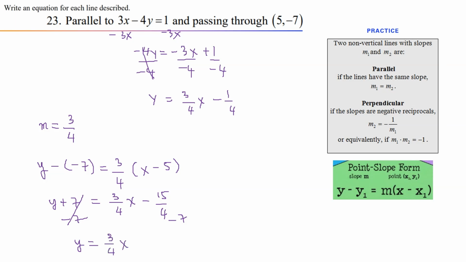Now, minus 15 over 4 minus 7 over 1 times 4 over 4, so that we have the same common denominator. So negative 15 minus 28.